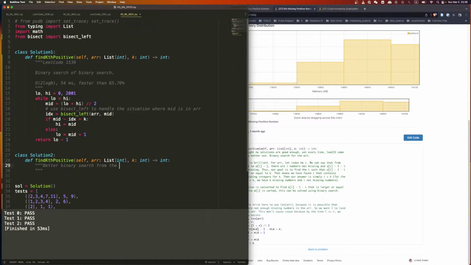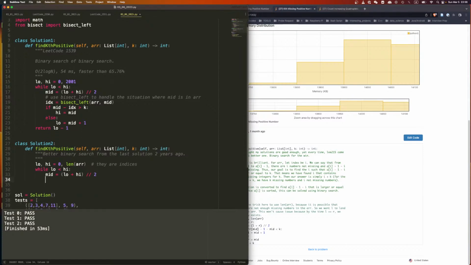From the last solution 2 years ago. Low, high, 0, and len array. They are indices. All right, low smaller than high. Now we say if array mid minus 1.